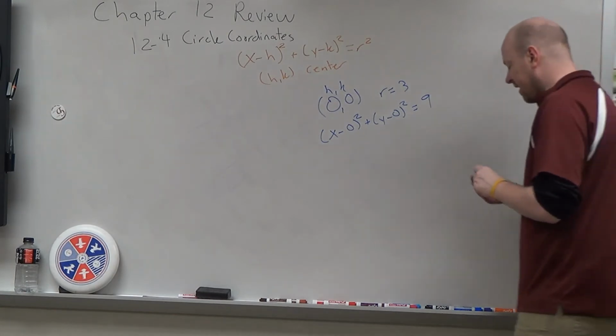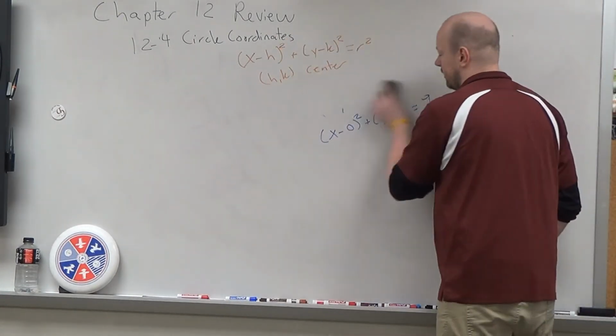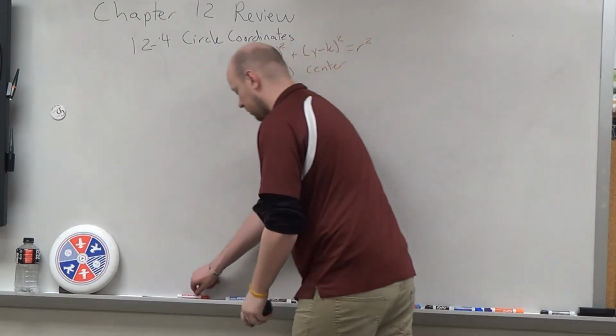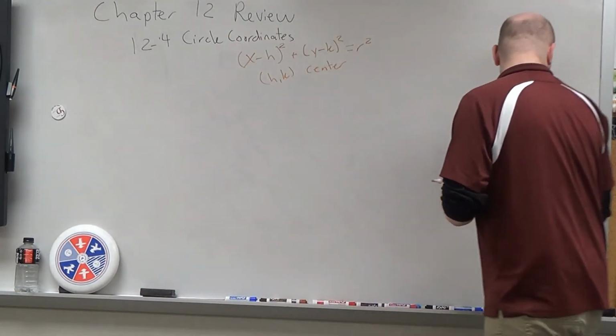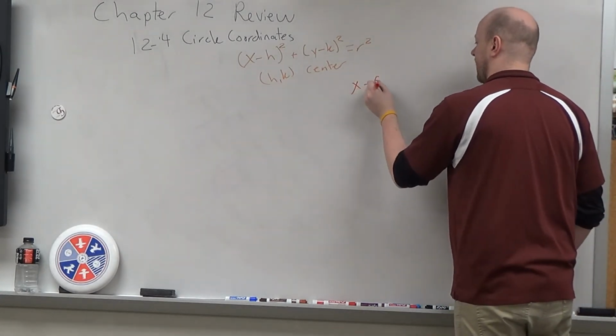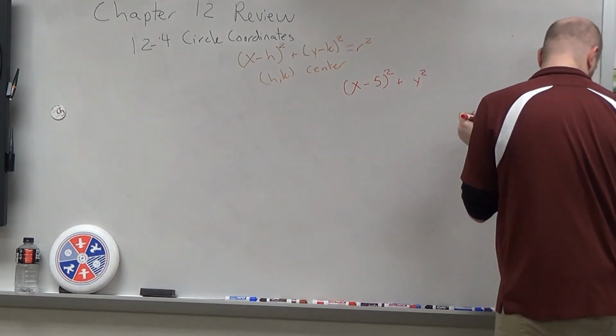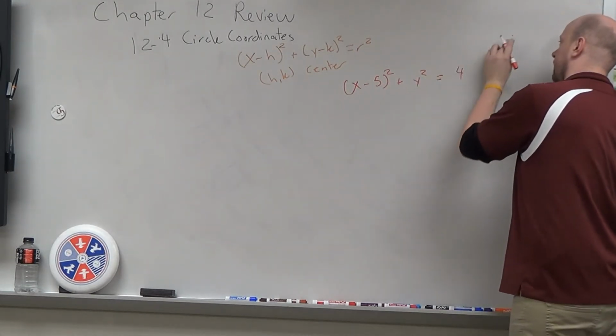Now, if I gave you the equation, could you then find me a center and a radius? So let's say we said something like x minus 5 squared plus y squared equals 4.